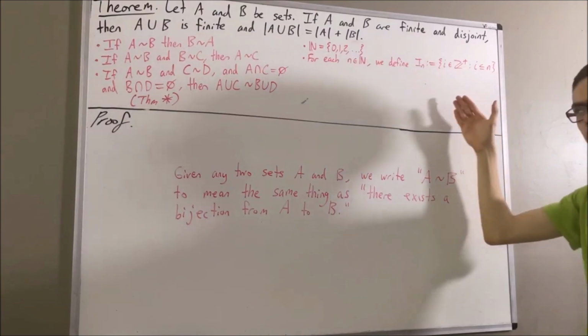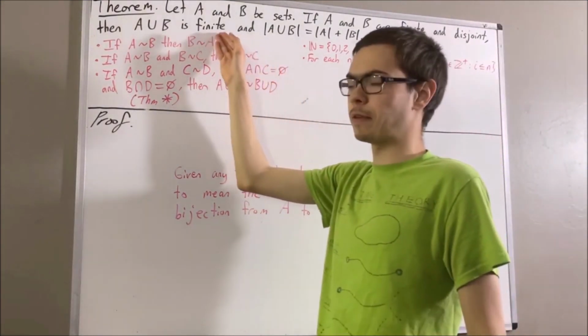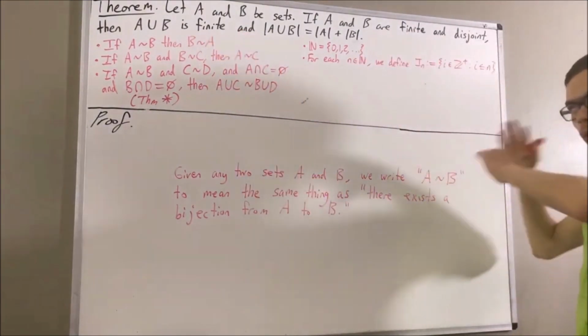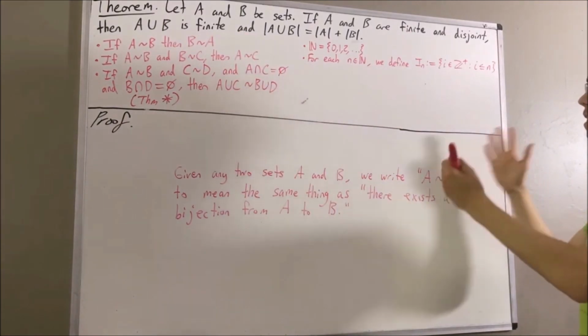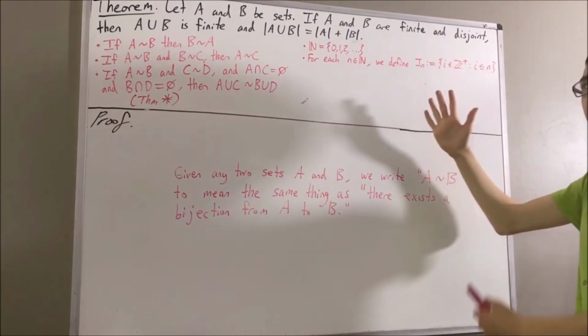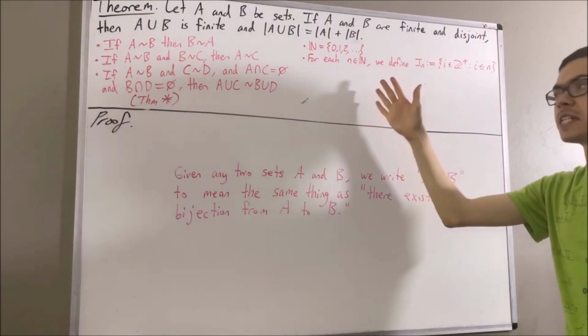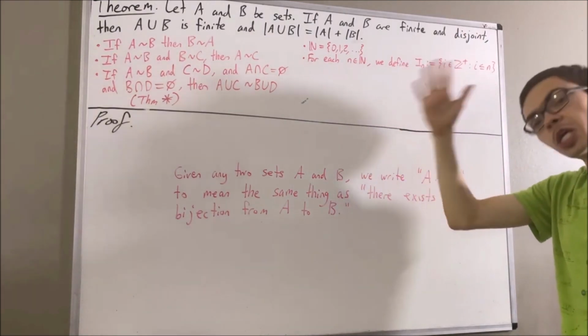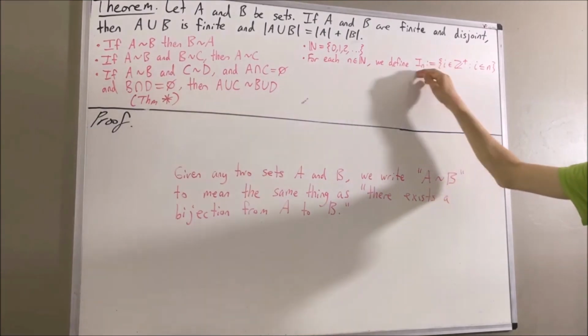Okay, now let's talk about what it means for a set to be finite. We say a set A is finite if there exists a natural number n such that we have a bijection from In to A.